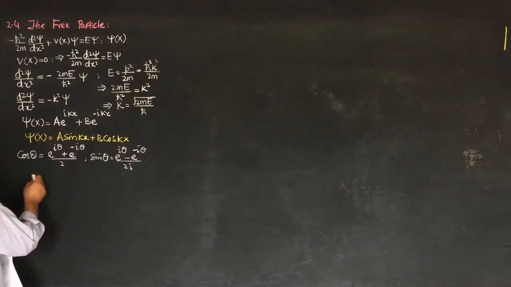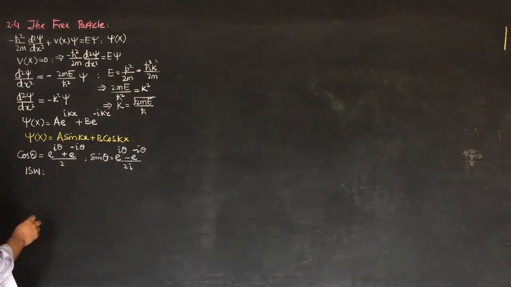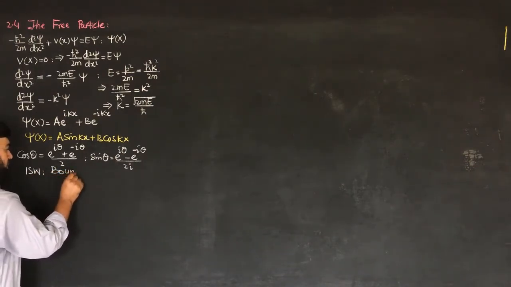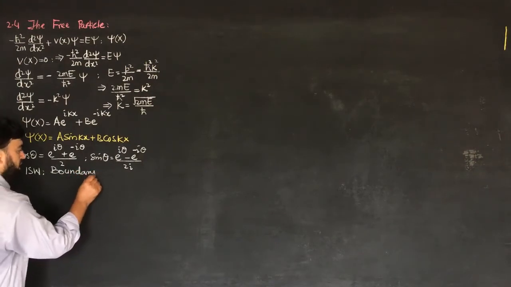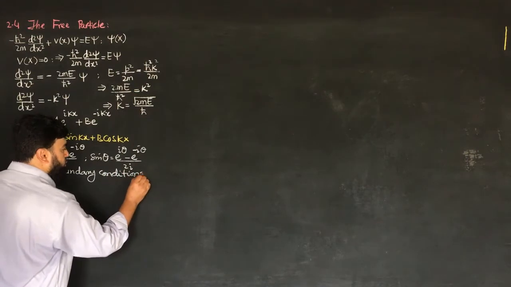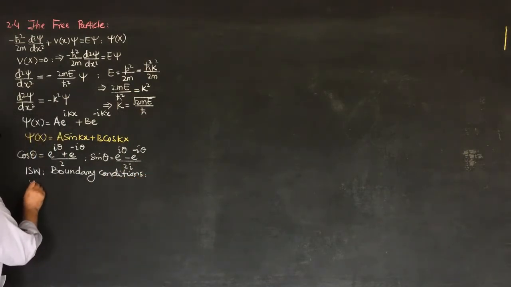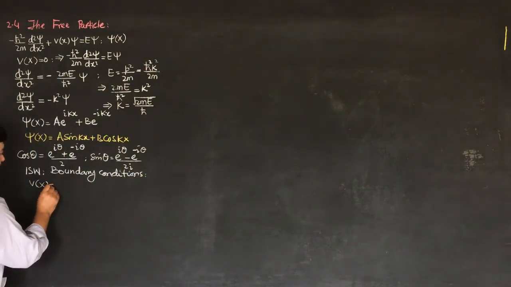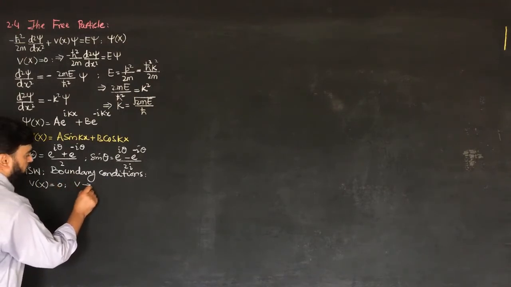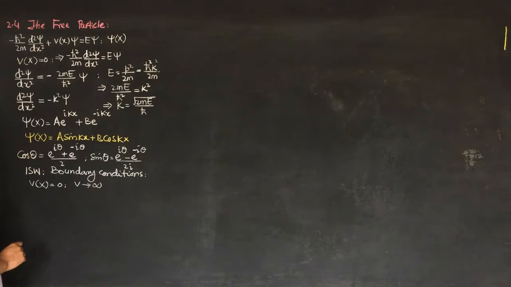Now in the infinite square well, the reason was that we were having some boundary conditions. The boundary conditions were that the potential inside the well was 0, but the potential on the walls was infinite.